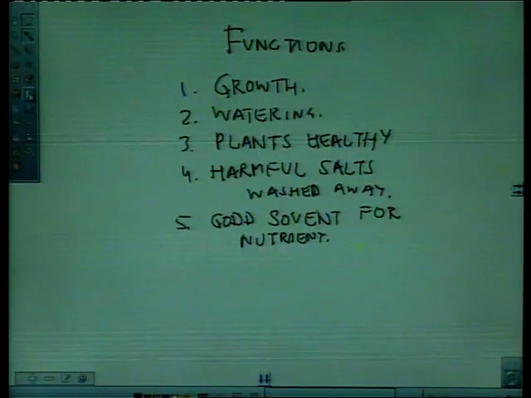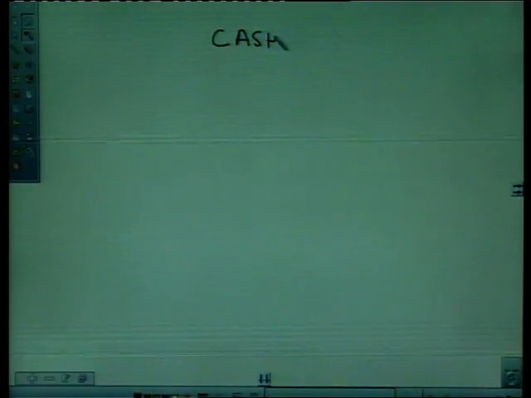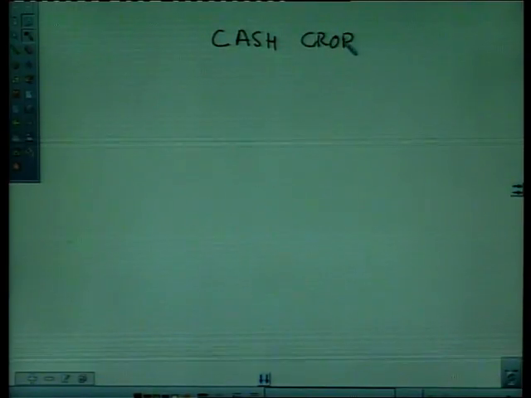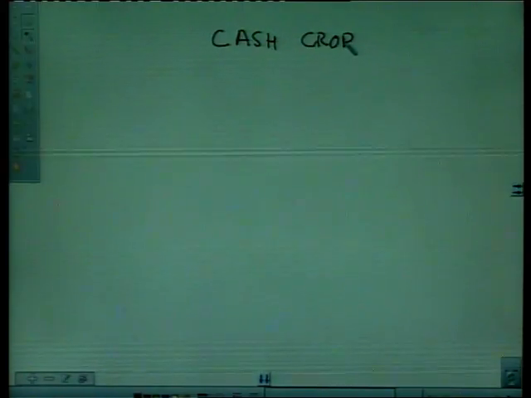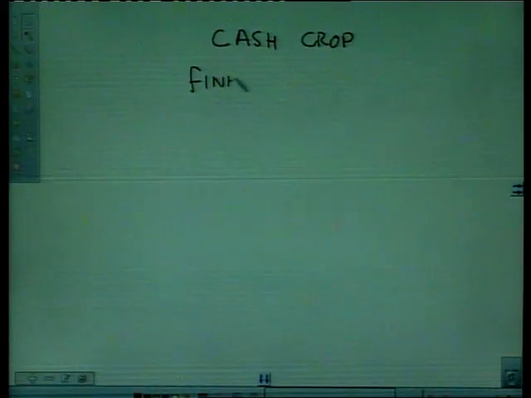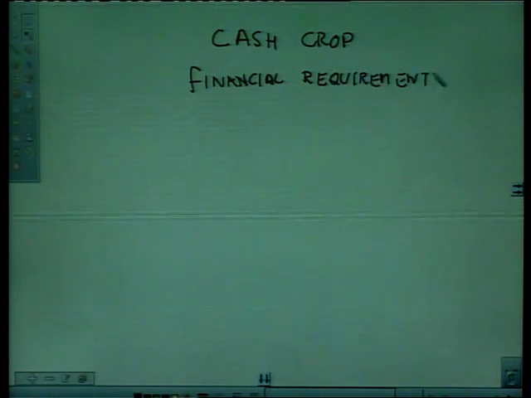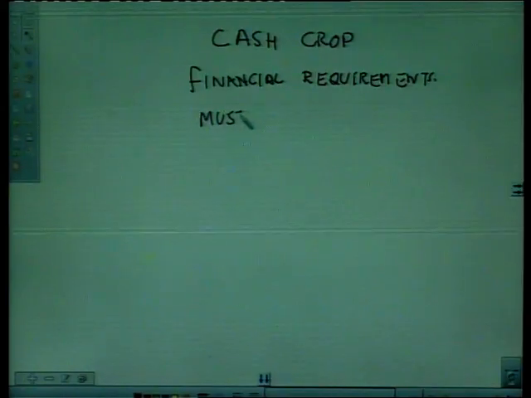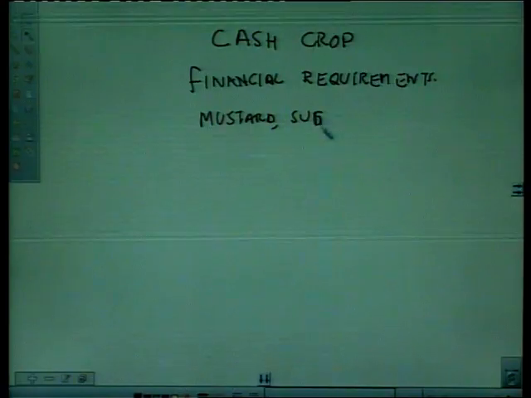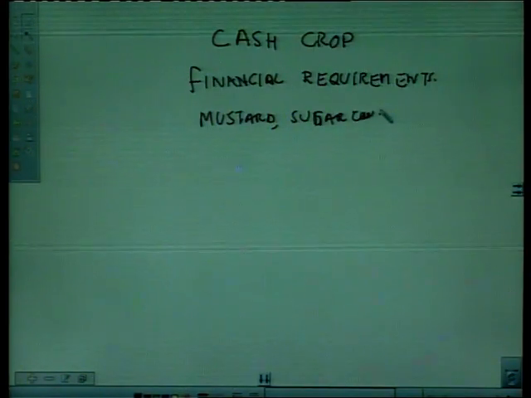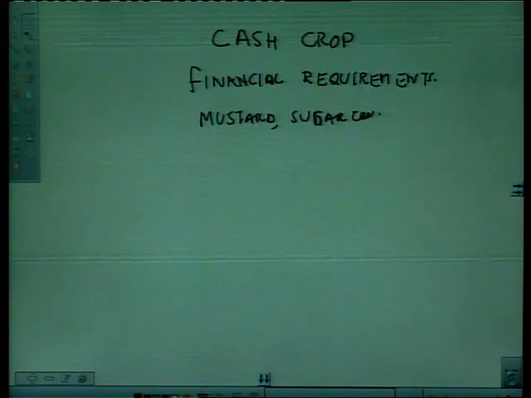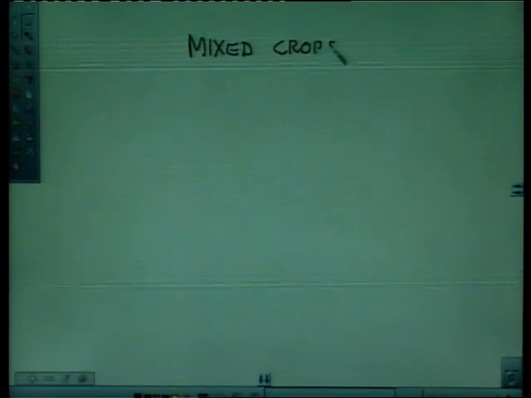Then we have cash crops. A cash crop is a crop which meets the financial requirement of farmers, like mustard, sugarcane. Then we have mixed crops.